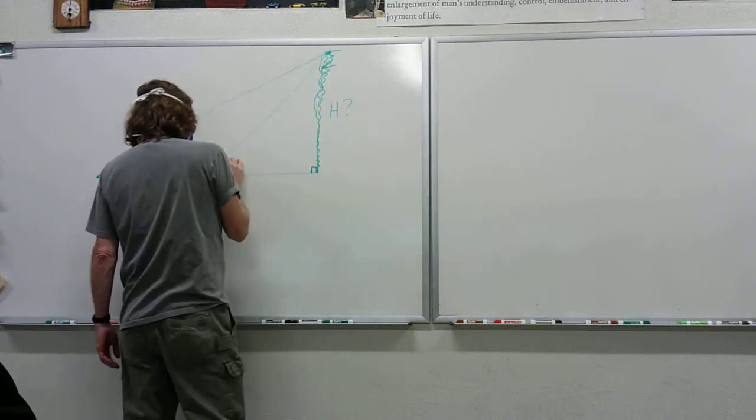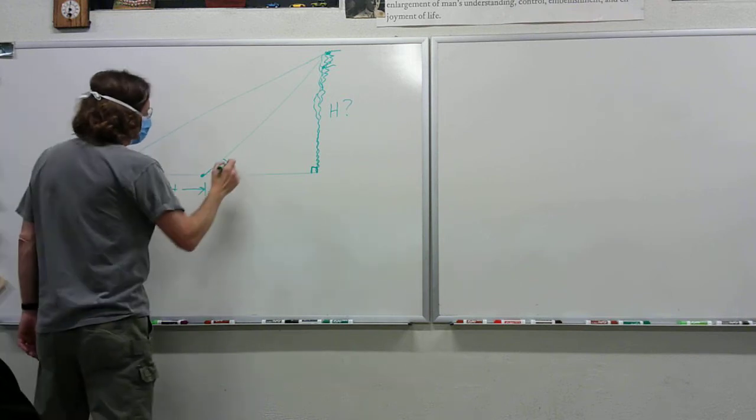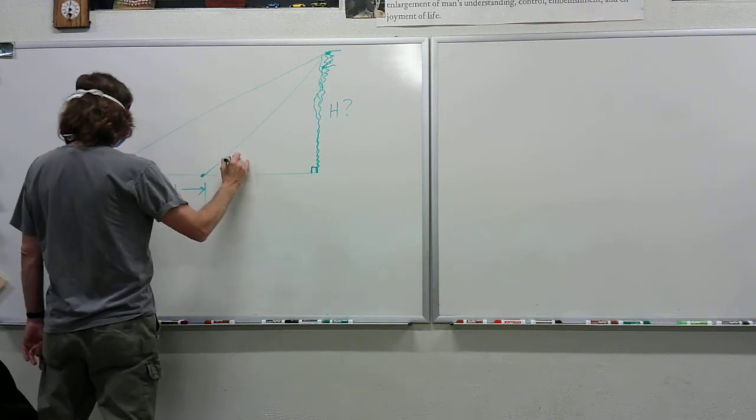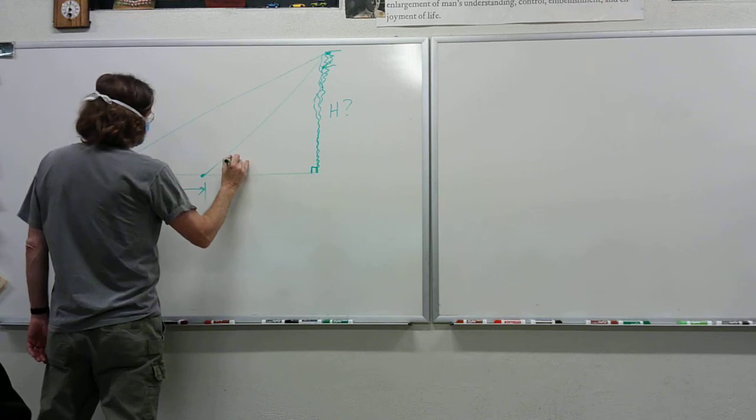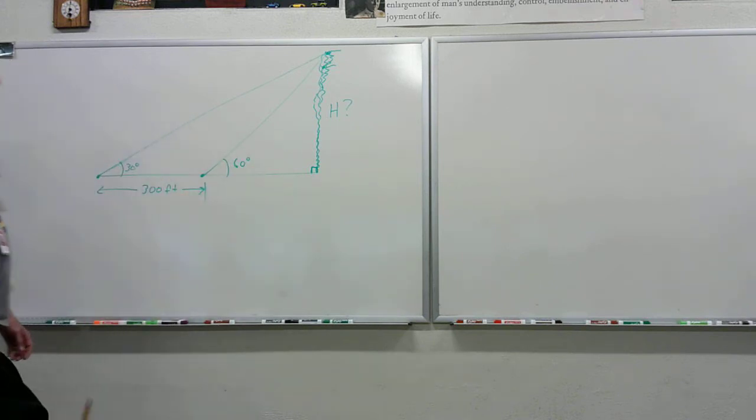He looks up again, and the angle that he has is 60 degrees now. Wow. And we want to know how high the mountain is. This probably wasn't the problem I should have worked. We want to know how high the mountain is.